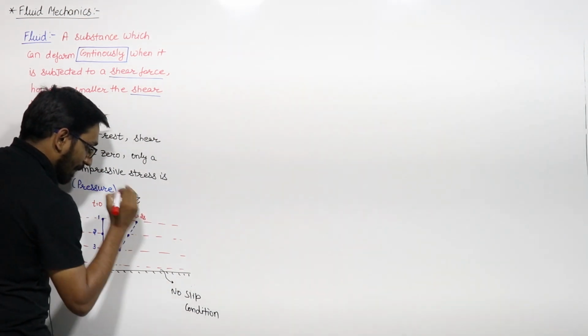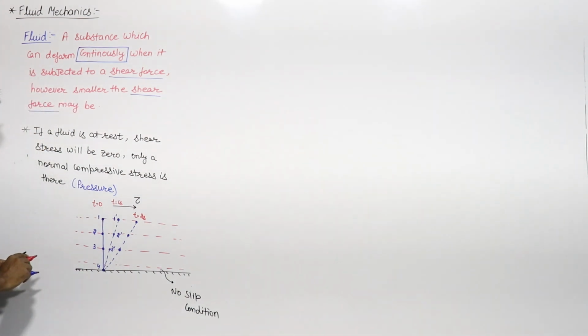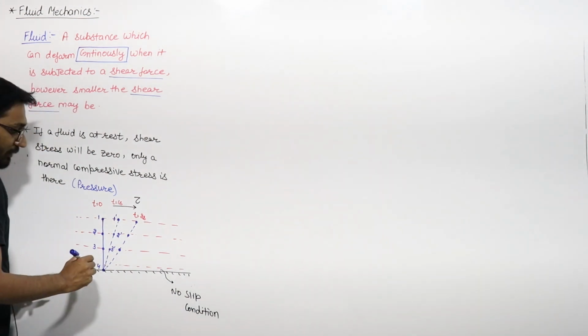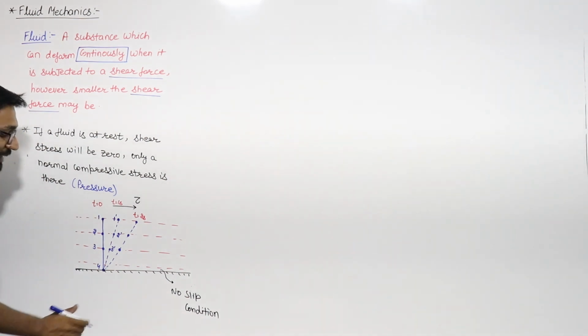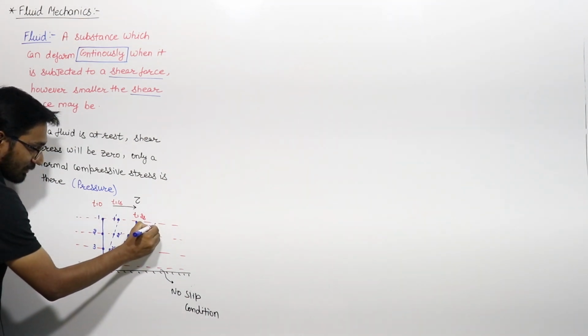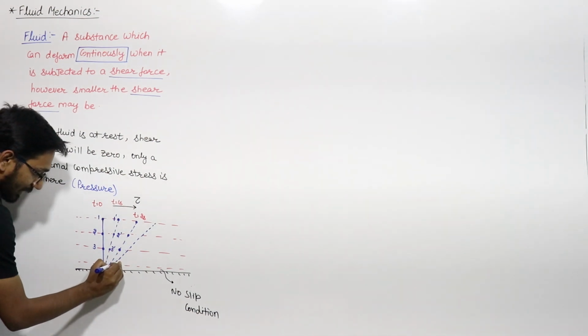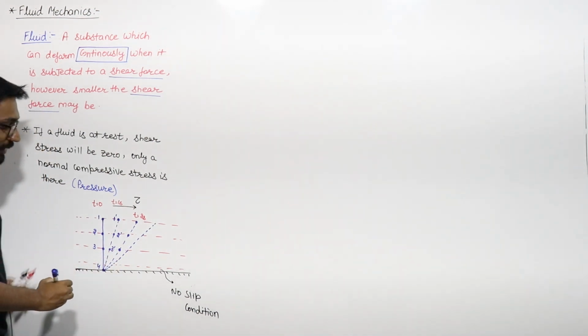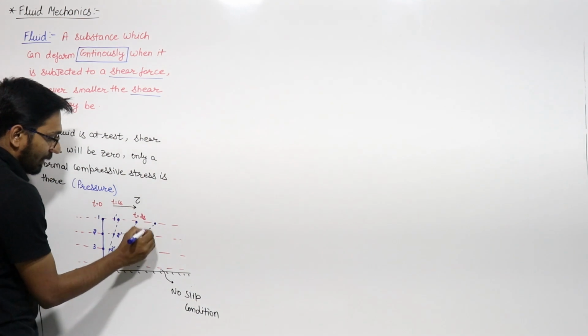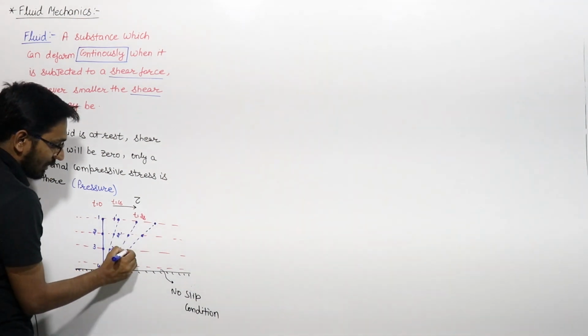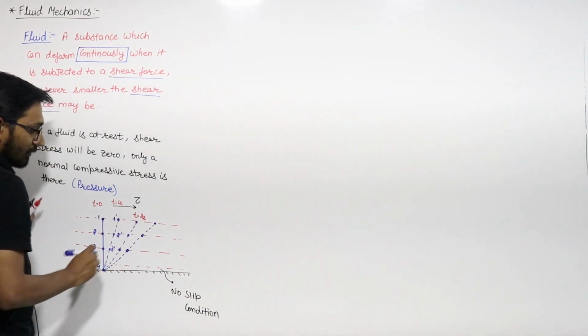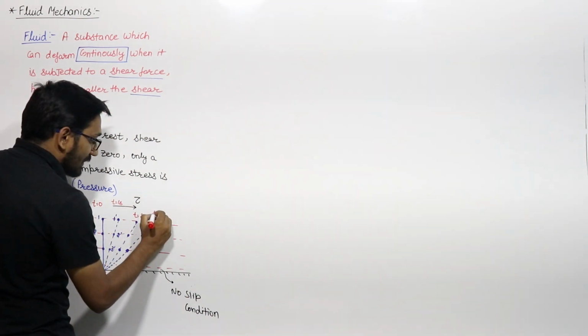If the shear stress continues acting, the fluid layer will come here. This is 1 triple dash, 2 triple dash, 3 triple dash, and so on. This is when time t is equal to 3 seconds.